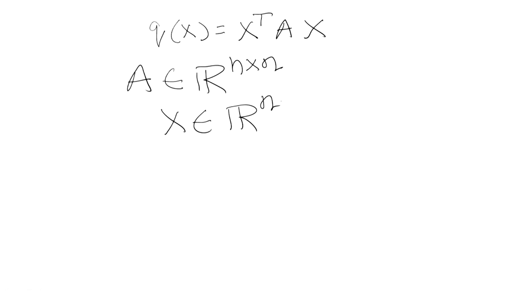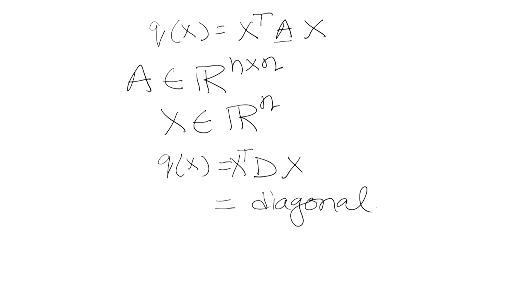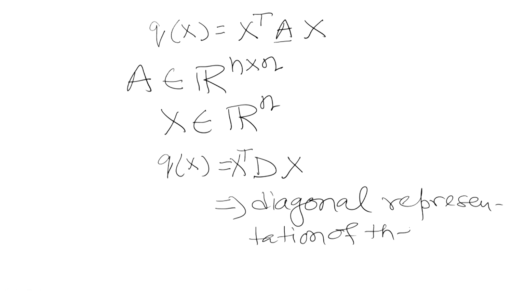Now, if this matrix A becomes D, meaning we have a diagonal representation of A, then the corresponding quadratic form, that is x transpose D x, is called the diagonal representation of the quadratic form.